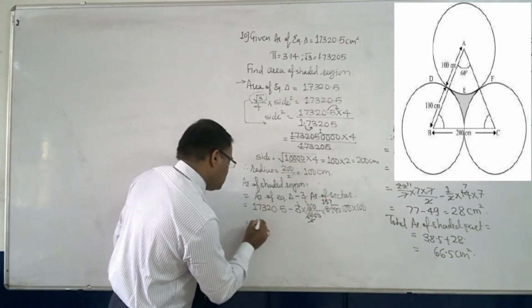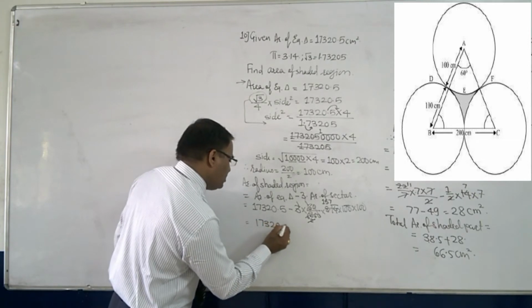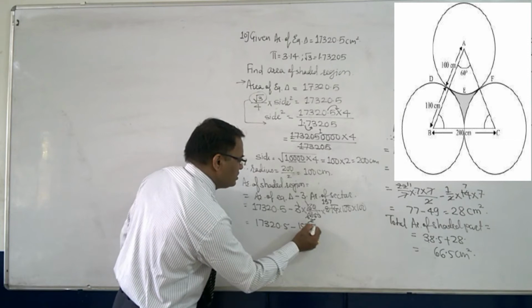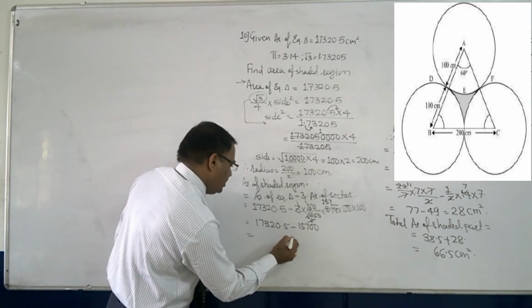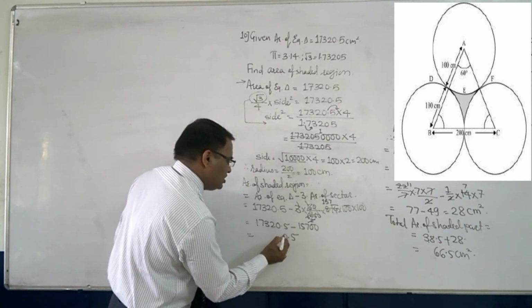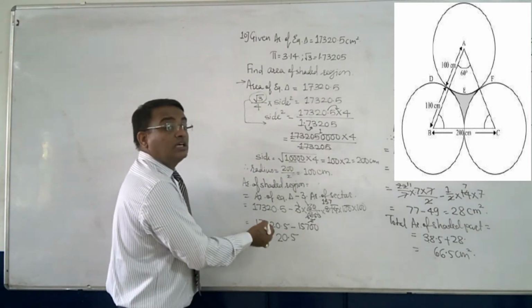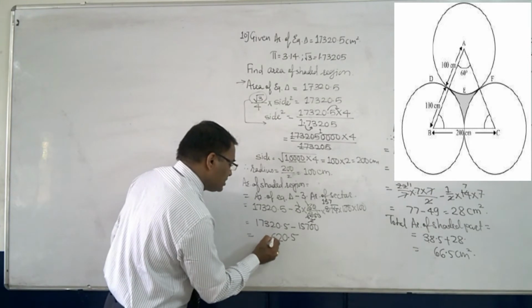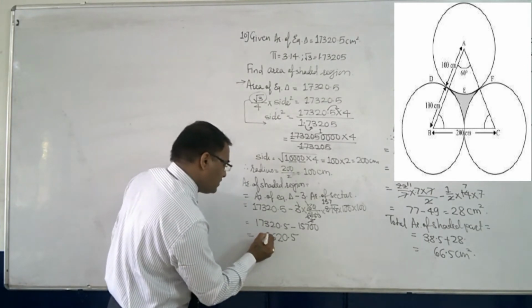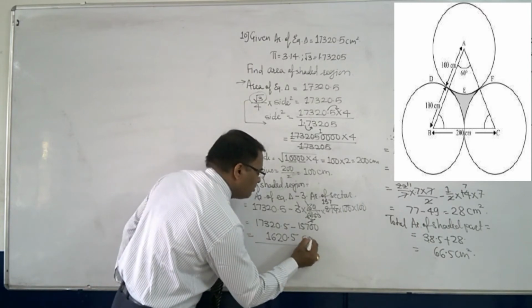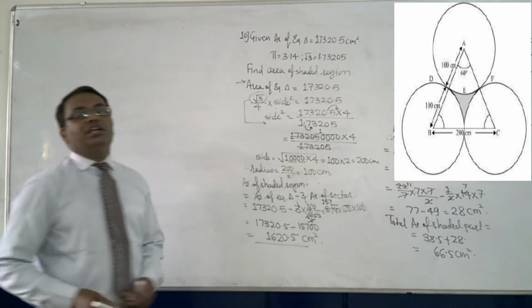So it is 17320.5 minus 15700. 0.5 as it is. 0 minus 0, 2 minus 0 is 2, 3 minus 7 is not possible, so 13 minus 7 is 6. Now 6 minus 5 is 1, and 1 minus 1 is 0. So this is nothing but the area of your shaded region.